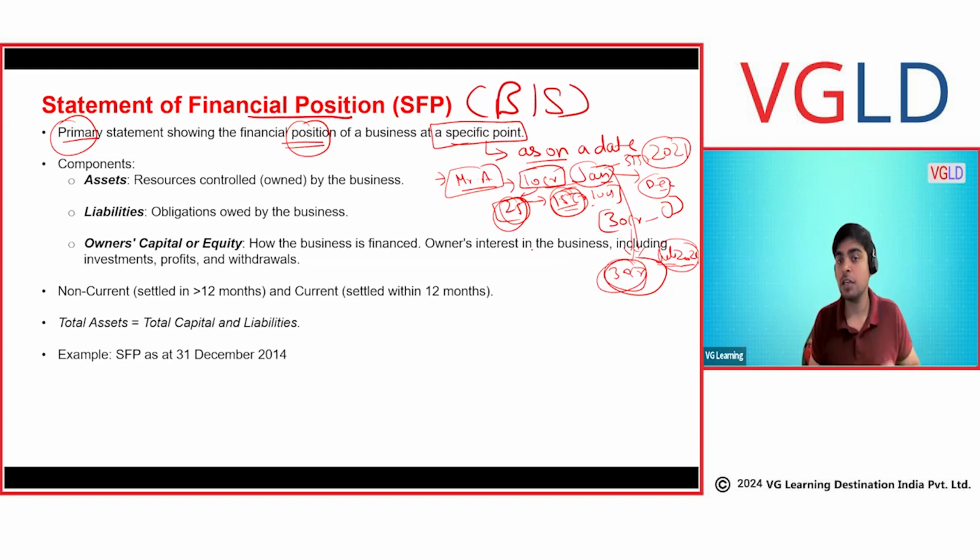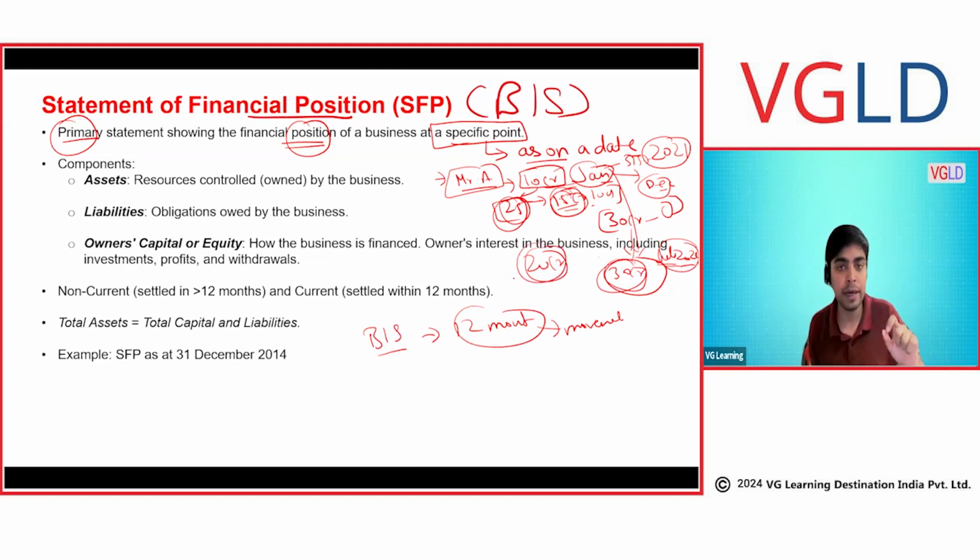The most confusing part for students is that sometimes they believe the balance sheet is for 12 months. No, 12 months represents a movement. Movement between 10 crore and 30 crore is 20 crore, the difference between these two. This movement happened over a 3-year period.